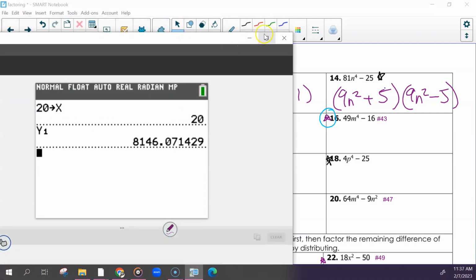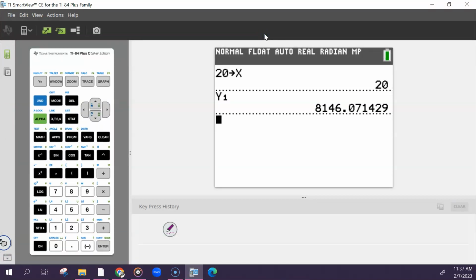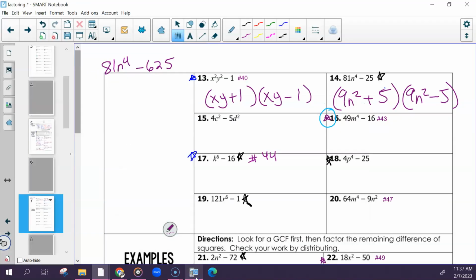I think you're close. You can use this on your calculator. It's in blue, so you have to use second and then x squared. And then type in 625. 25. So then our two factors would be 9n squared plus 25 and 9n squared minus 25.